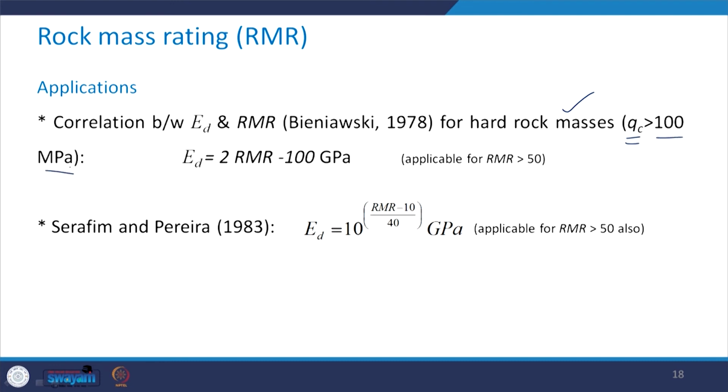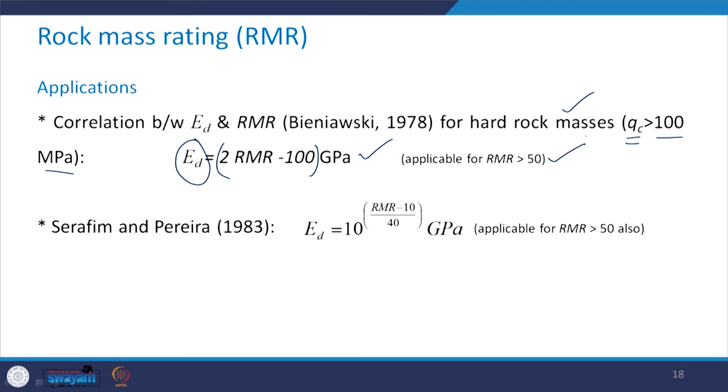So, for that you will have this expression, that is ED equals 2 RMR minus 100 in GPa, that is gigapascal, and this is applicable for RMR more than 50, because if RMR is less than 50, this ED will become negative, which is physically not possible. So, it has a condition associated with this, that it is applicable for RMR greater than 50.